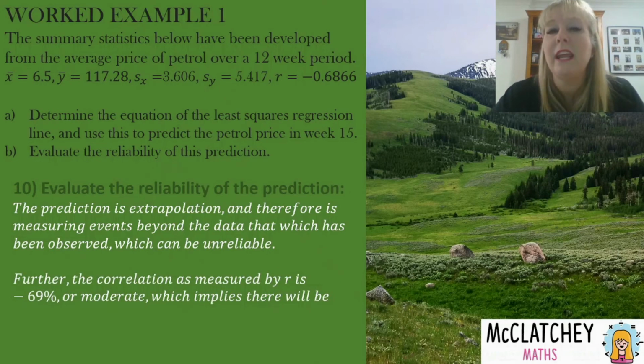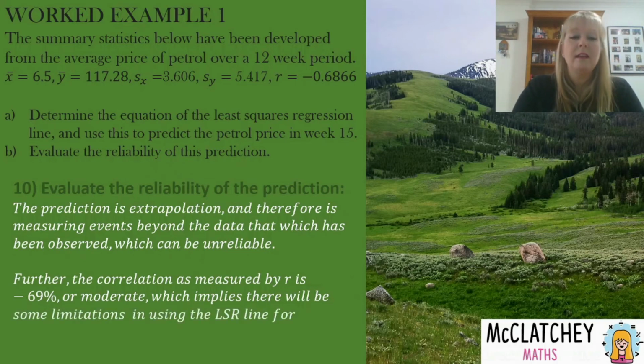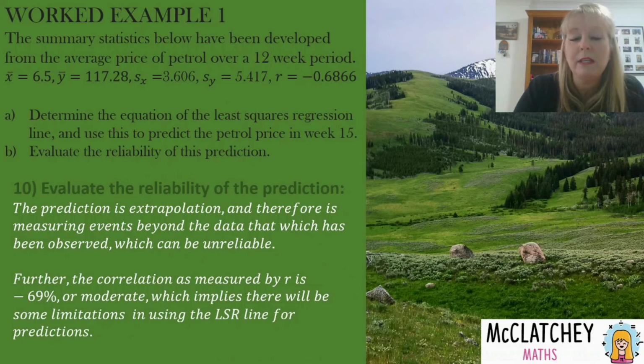There's so many different external factors that can be taking place with your least squared regression line. And further, the correlation that we measured, or that was provided to us, is negative 69%. Which is only moderate correlation, and that implies there's going to be some limitations for using our least squared regression line to make predictions.